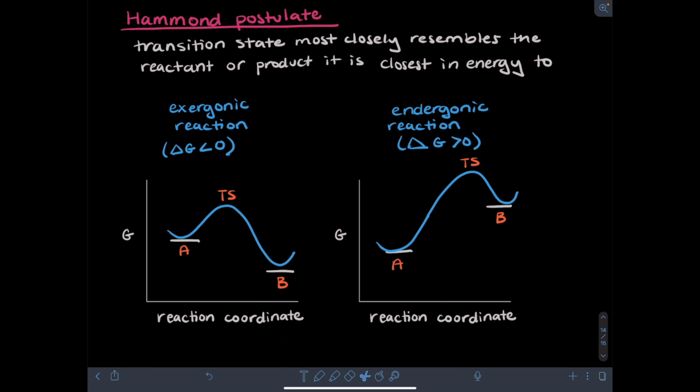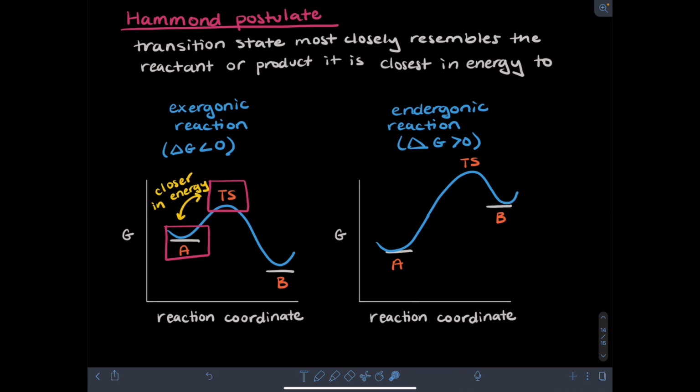Let's consider a single-step reaction for A going to B. In one scenario, I have an exergonic reaction where B is lower in energy than A. This would be a favorable reaction. And in the other case, I have an endergonic reaction where starting material A is lower in energy than B. This is not a favorable reaction.